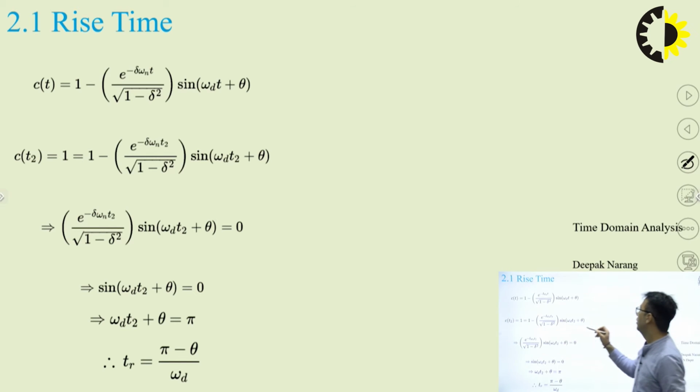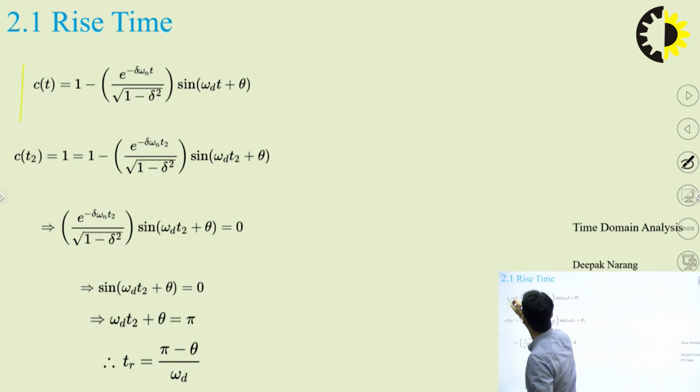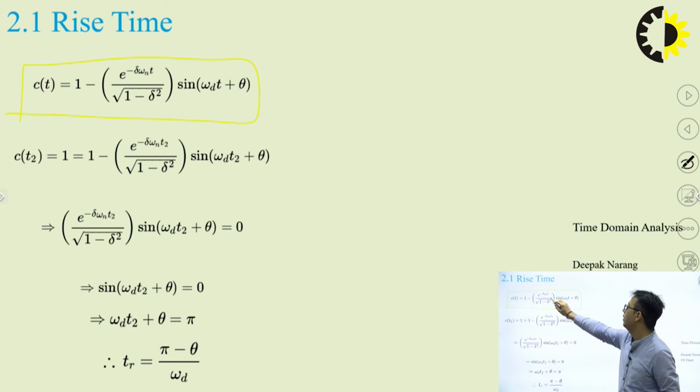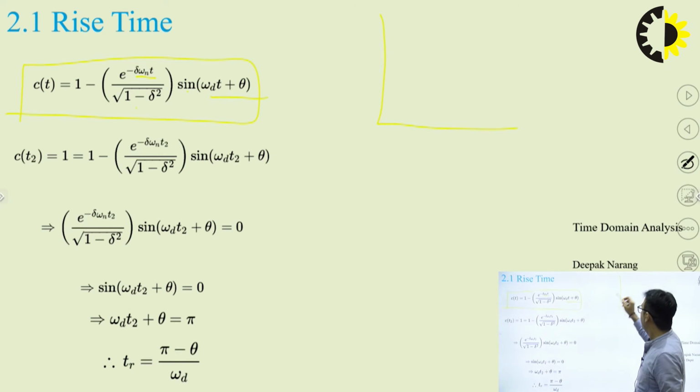As you know, the time response of a second order system was obtained as c(t) is equal to 1 minus e raised to the power minus delta omega n t upon the square root of 1 minus delta square, into sine of omega d t plus theta. We are considering this for an underdamped system.